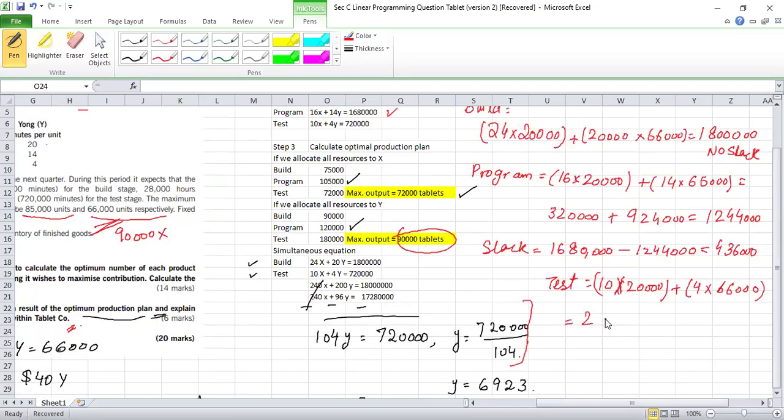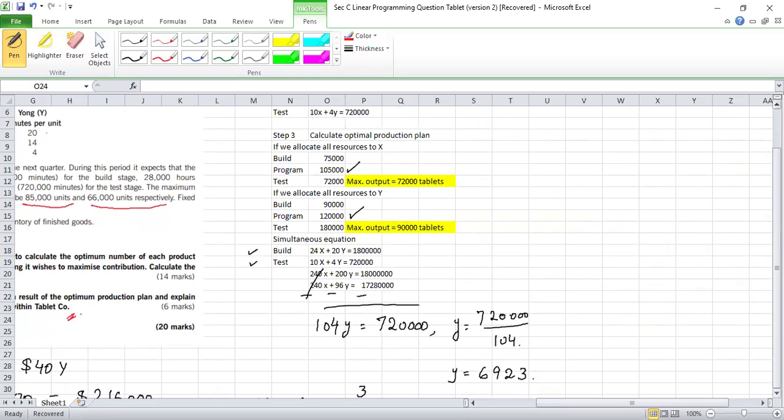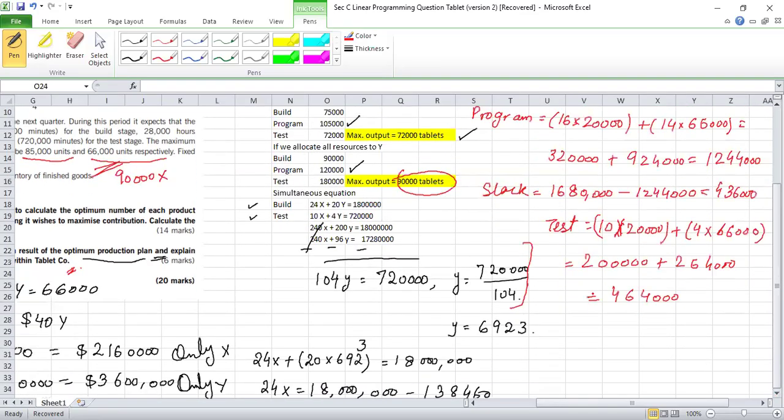So here we have 200,000 plus 66,000 into 4, 264,000. So 464,000 is the utilization out of 720,000 minutes.